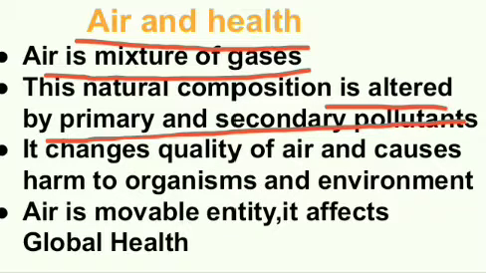Photochemical smog is the result of the reaction of primary pollutants with molecules in air such as molecular oxygen, water and hydrocarbons. So this is how primary and secondary pollutants alter the composition of the natural atmosphere.